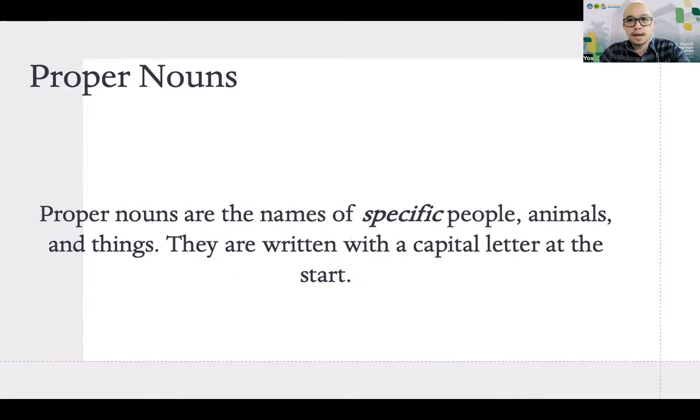What about proper noun? Different from common nouns, proper nouns are the names of specific people, animals, and things. The keyword is specific. If it is specific, names of people, animals, and things, we can safely say that they are proper nouns.